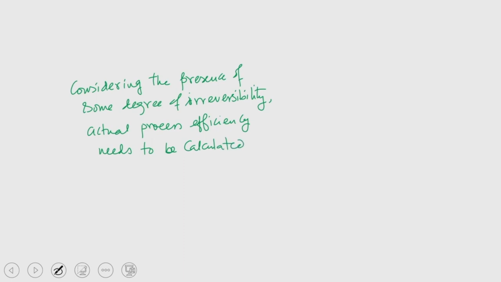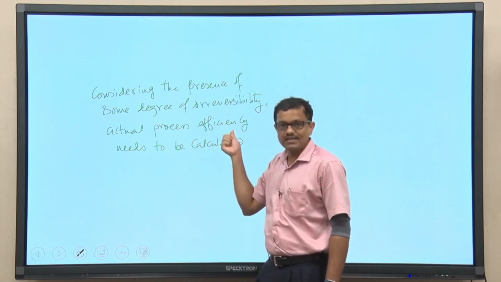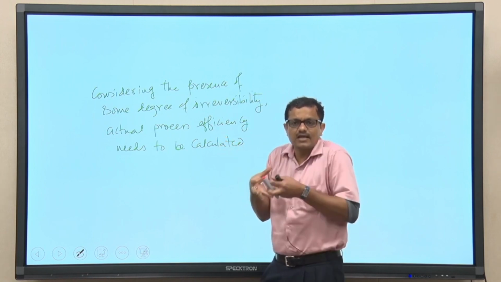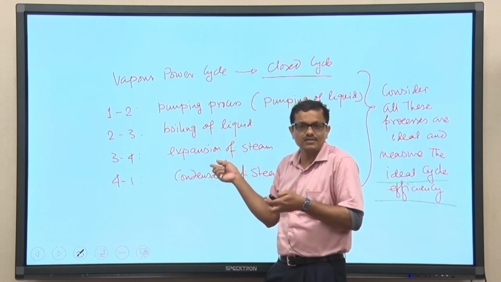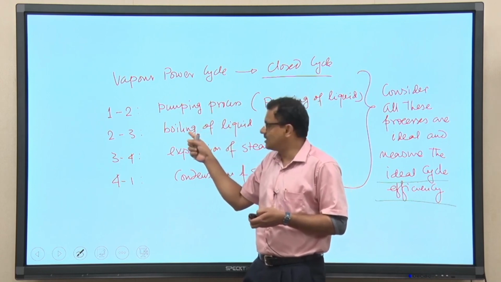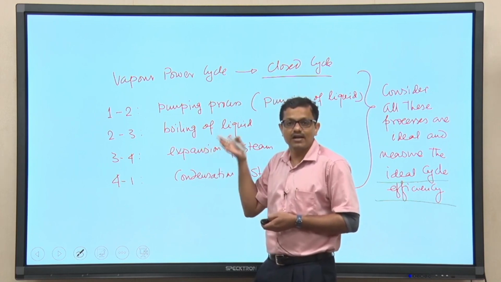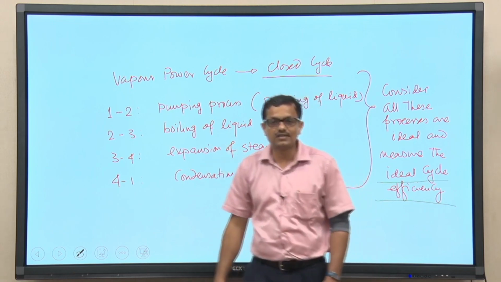Right. Knowing fully that some degree of irreversibility is present in all these processes, we can introduce the individual process efficiency, that is, the actual process efficiency. If we integrate them, all these mechanical processes that we have listed: irreversibility is there in the pumping process, some degree of irreversibility is there in the boiling of the liquid, some degree is there while steam is expanded in the turbine, and some degree is there when steam is condensed inside the condenser.